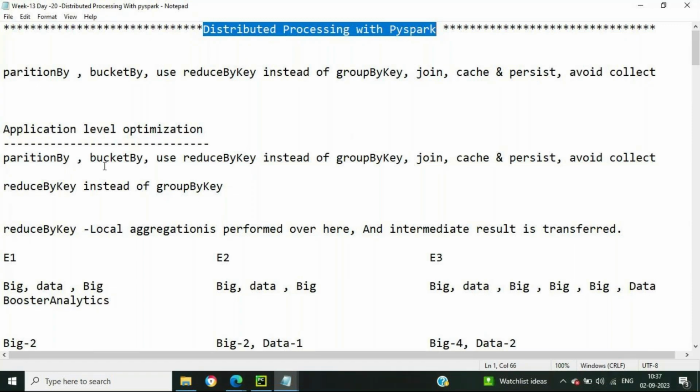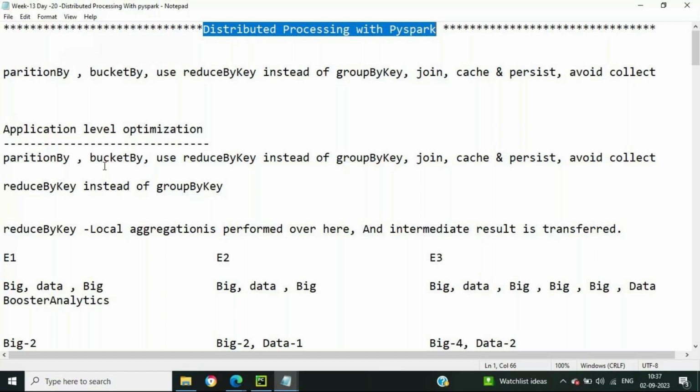So we need to check the different ways how a particular job can be more performant, or can be executed in the least amount of time, with low latency. That is our prime target with respect to PySpark job optimization.